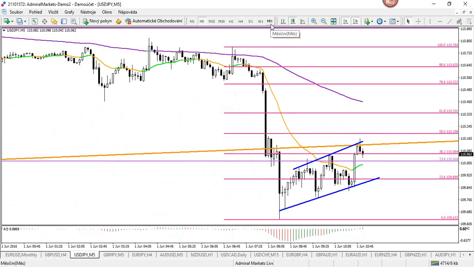Let me take a look at the dollar yen here a bit better. Let's see. Looks like a potential turnaround here.